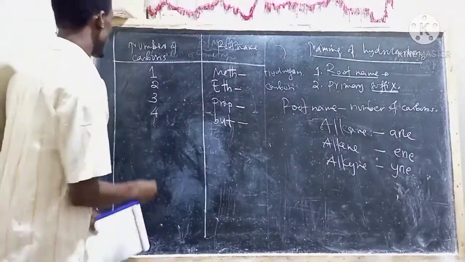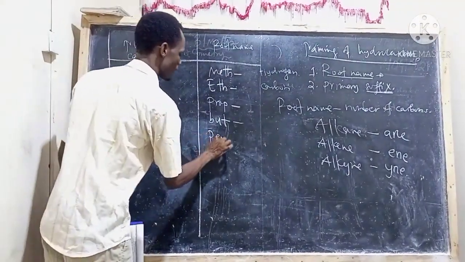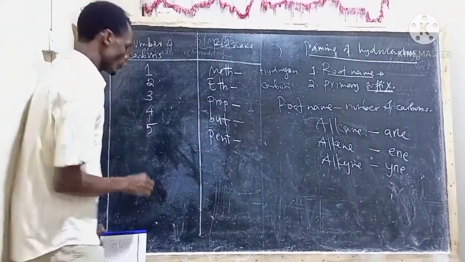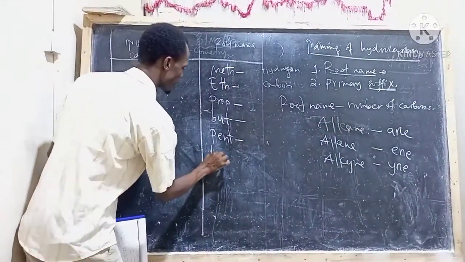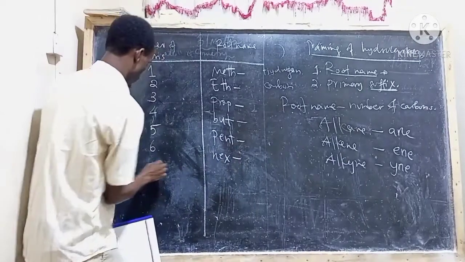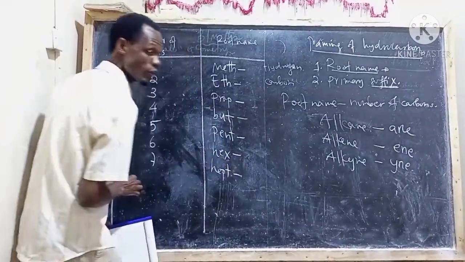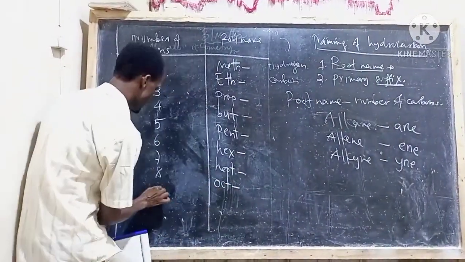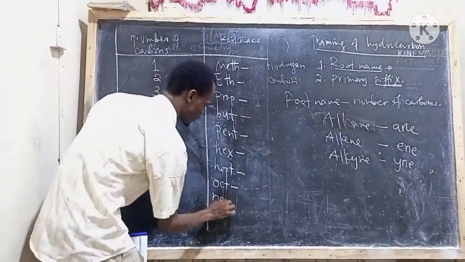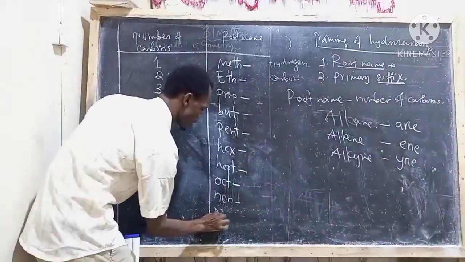With five carbons, we call it pent. With six carbons, we call it hex. With 7, we call it hept, root name. And with 8, we call it oct. With 9, we call it non. With 10, we call it dec.